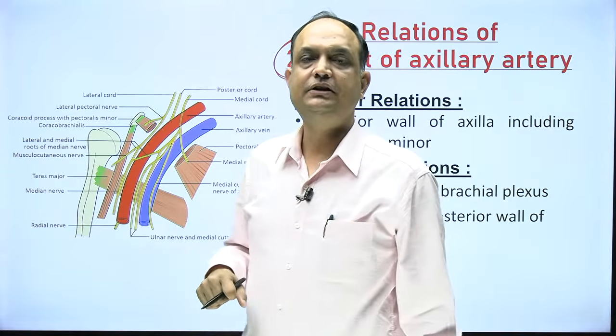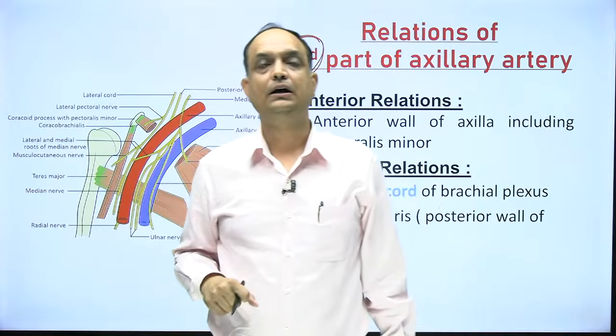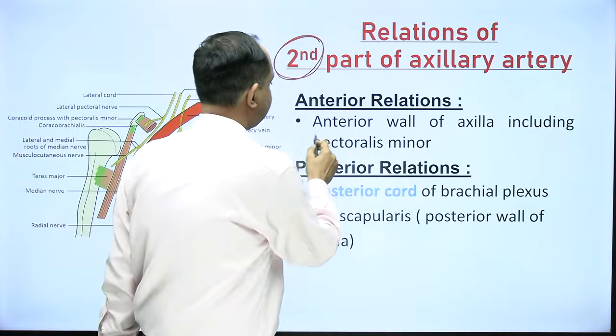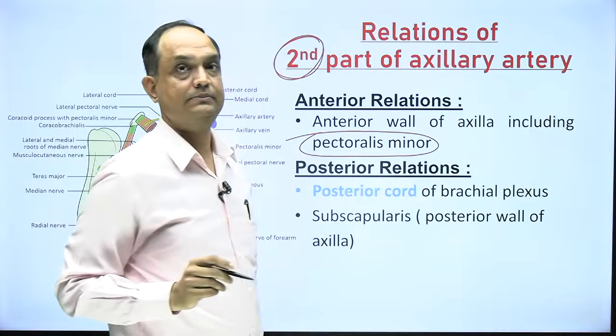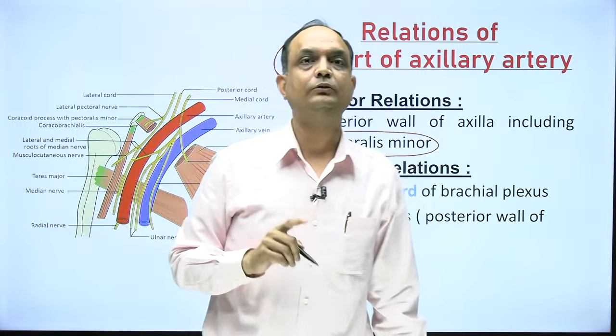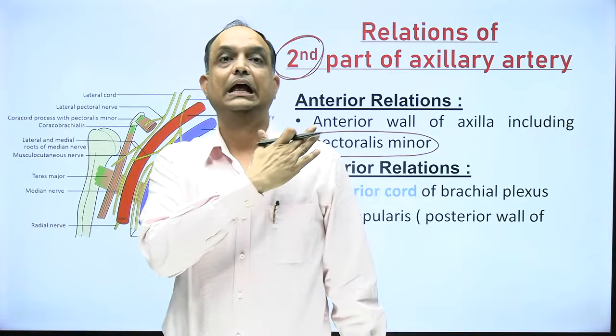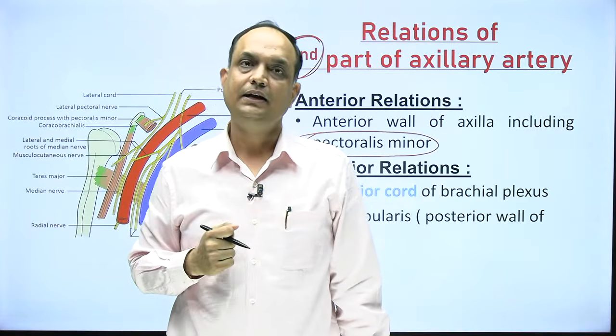The anterior relation is the whole anterior wall of the axilla, including pectoralis minor. So here the word pectoralis minor comes. Why? Because pectoralis minor is the key muscle which is anterior to the axillary artery.